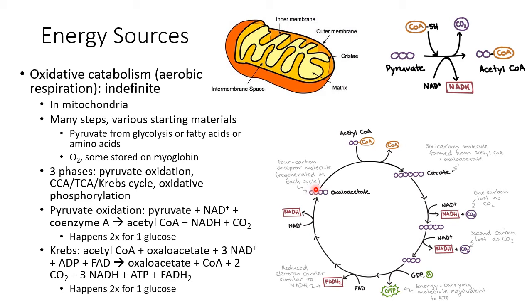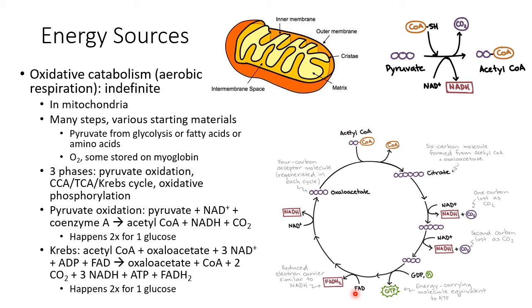And at that point, the cycle can repeat. So it's a cycle because you start with oxaloacetate and you also end with oxaloacetate, and you can keep going around in a circle. As you're going around the circle, you're going to end up removing some of these carbons, and they will be lost as carbon dioxide as a waste product. You're also going to end up adding electrons to NAD+ to give you NADH at 3 different points. You're going to add electrons to FAD to give you FADH2. FAD is another electron carrier, basically like NAD+.